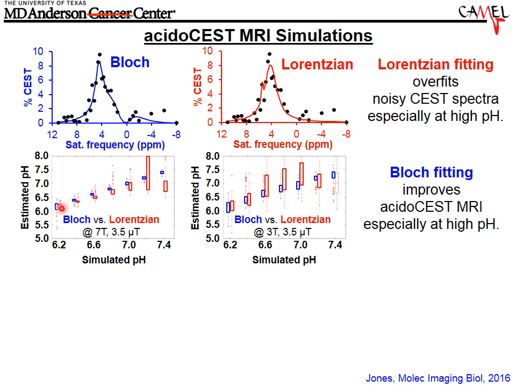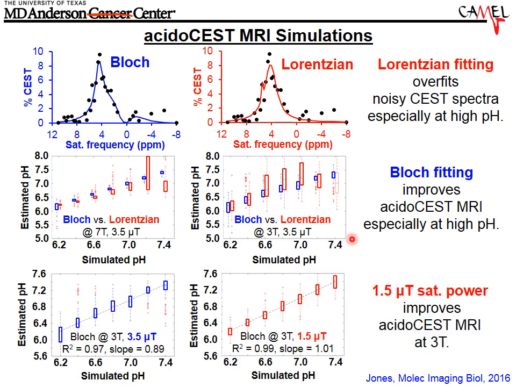But importantly, we did a study with simulations with a lot of random noise added to many types of data sets to show that the Bloch fitting method in blue has relatively good precision, and the Lorentzian line shape method does not, particularly at 7T and high pH, and at 3T at all pH values. The Bloch fitting method is better, and there are intuitive reasons for that.